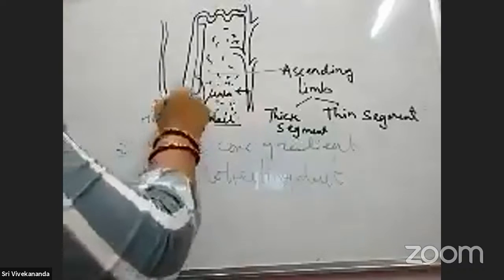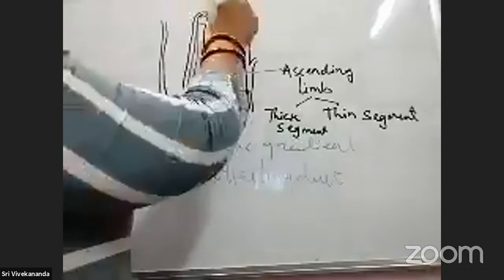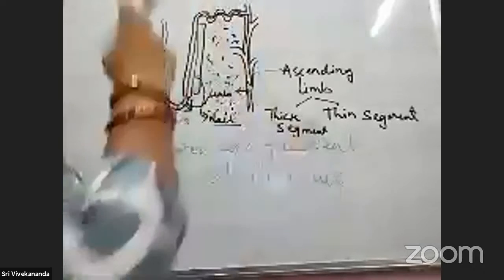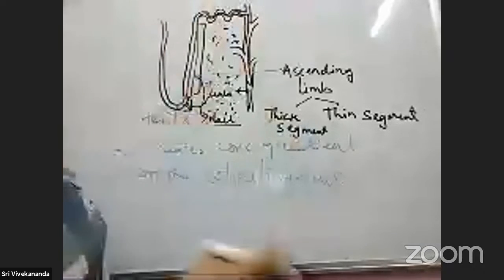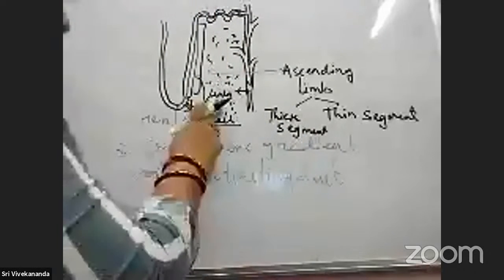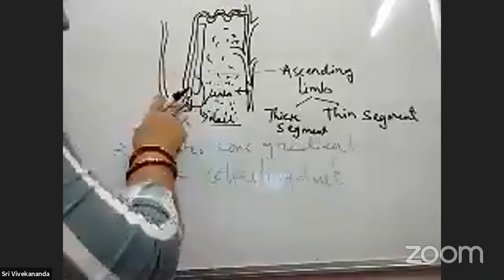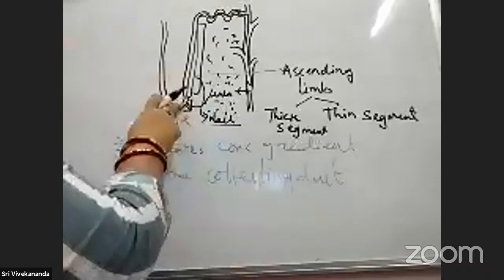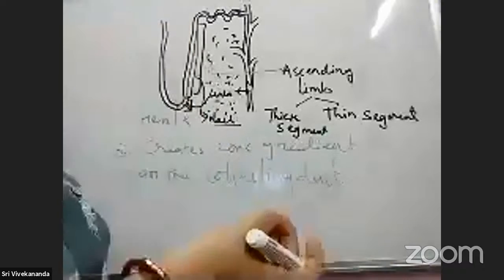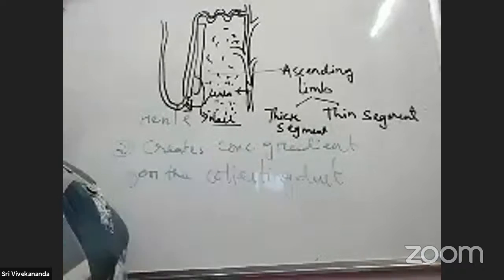After its job is over, when it is not required, some quantity will again enter here and go through the filtrate. A small quantity of urea continuously keeps circulating from the collecting duct to the interstitial tissue, to the thin segment of the ascending limb, and again going to the DCT. That is not excreted.